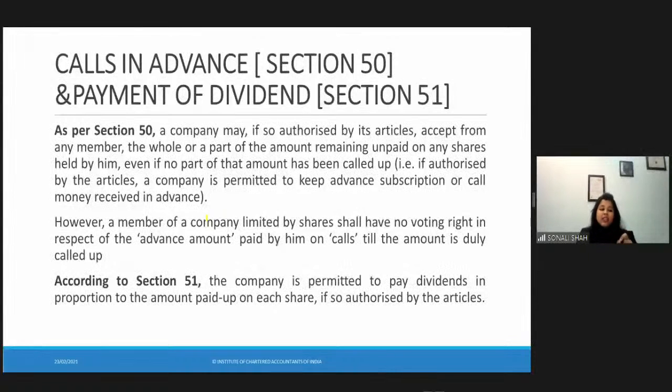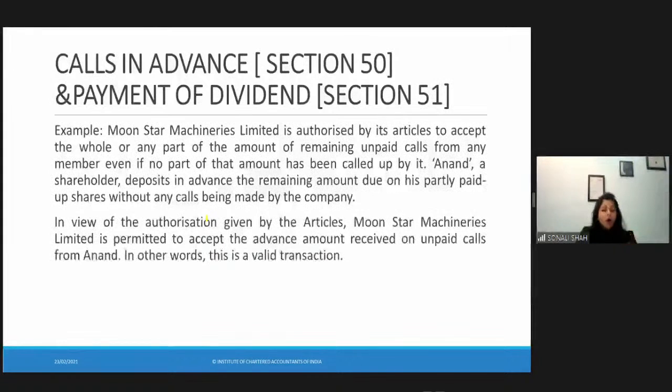Right? Now, section 51 talks about the payment of dividend in such a situation. So it says the company is permitted to pay dividends in proportion to the amount paid up on each share if so authorized. So basically this amount which is received in excess is rather considered as a deposit. So if you look at this example, Moonstar Machineries Limited is authorized by its articles to accept the whole or part of the remaining unpaid calls from any member, even if no part of that amount has been called up by it.